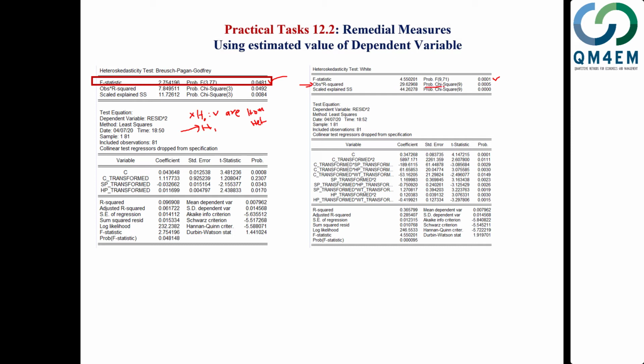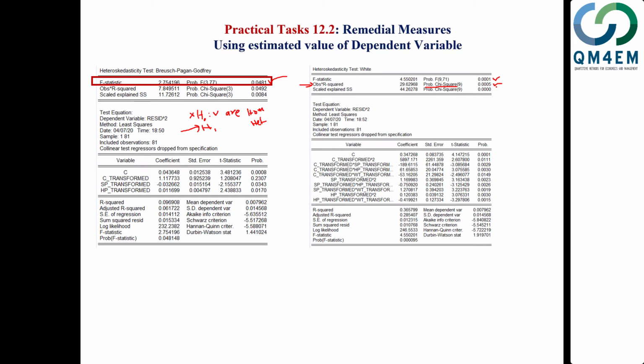It has the same hypothesis, H0, that the variance is homoscedastic, against the variance being heteroscedastic or not homoscedastic. So this also shows that we reject H0 in favor of H1, and we say that the problem of heteroscedasticity is there. So quickly the summary, the results of both tests were shown here.